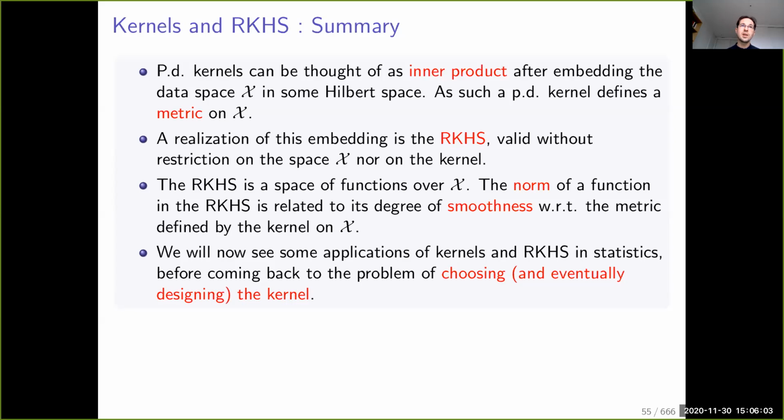It turns out that this RKHS is a space of functions. This is the part which is a bit abstract when you first study kernel functions, but in fact, it becomes simpler and simpler after doing exercises on it. And the norm of a function in the RKHS is related to its smoothness with respect to a distance induced by the kernel function. So induced by some geometry, if you want.